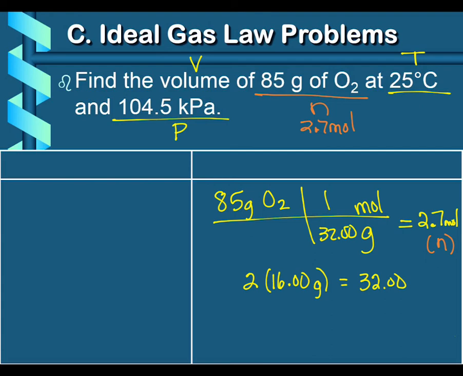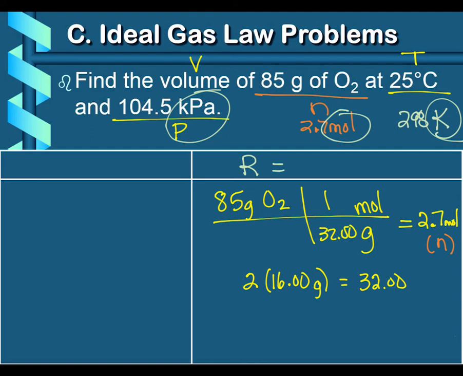Let's go ahead and pick our R value. I need an R value that has kilopascals, moles, Kelvin, because 25 degrees Celsius in Kelvin is 298 Kelvin, so I need Kelvin. And it says find volume, but it doesn't tell me what the volume units have to be.